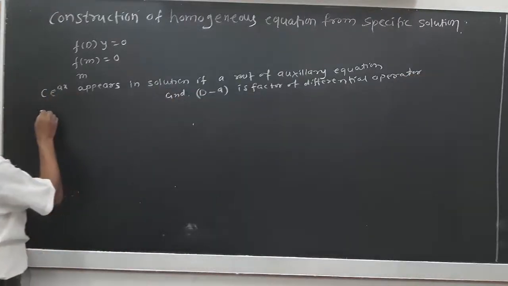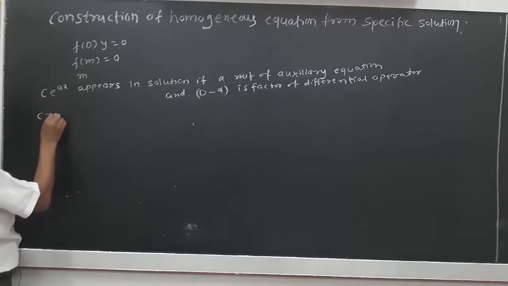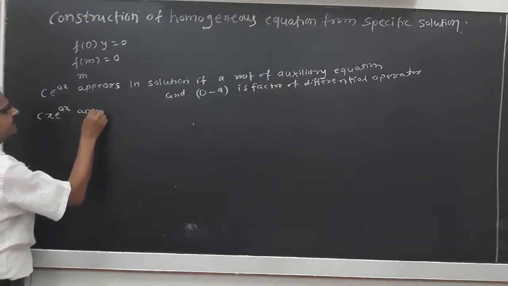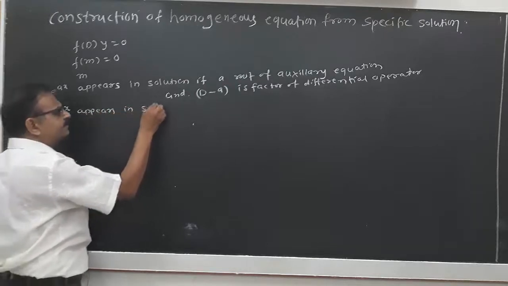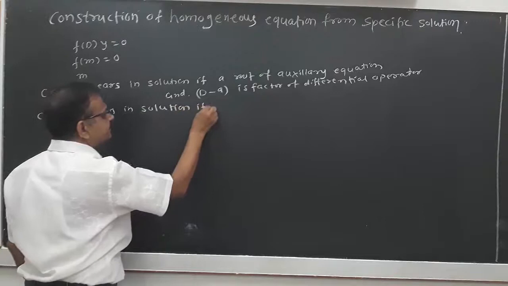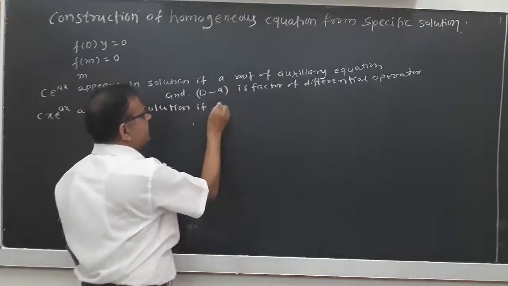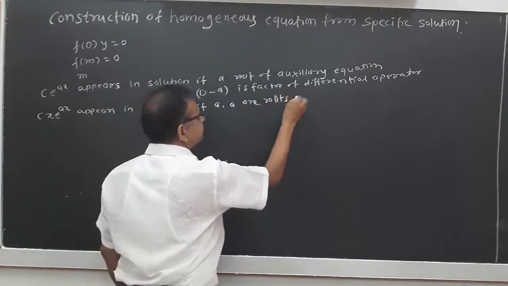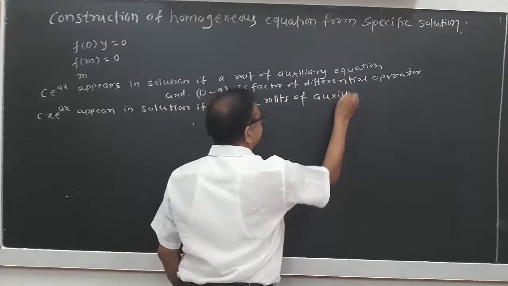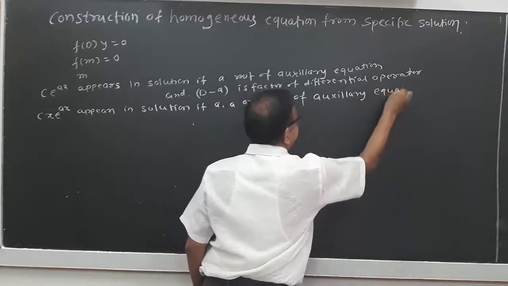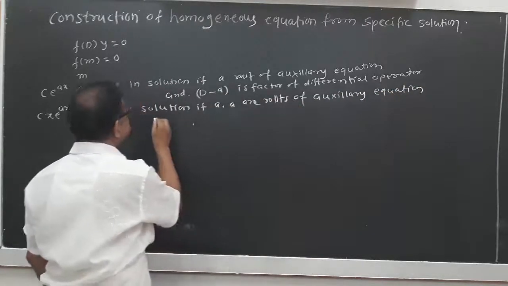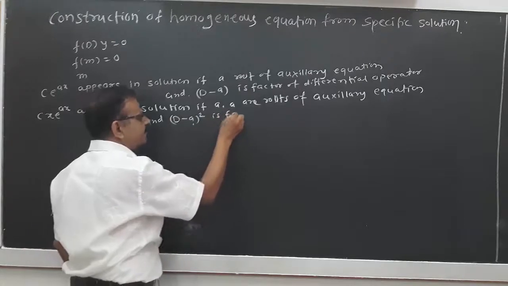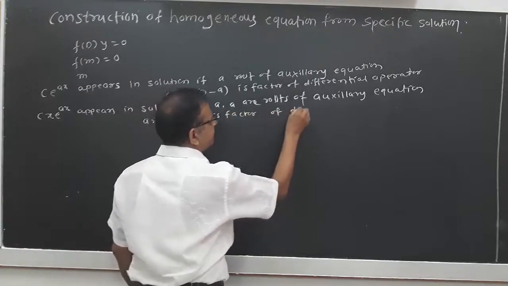We also know that c x e raised to ax appears in the solution if a and a are roots of the auxiliary equation, and (D minus a) squared is a factor of the differential operator.